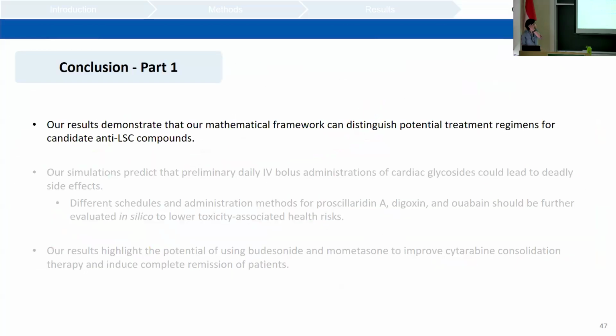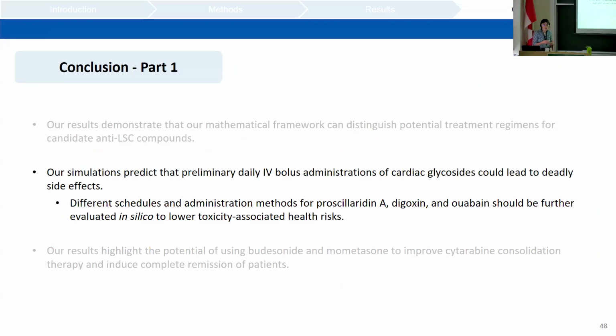So in conclusion for this project, our results demonstrate that our mathematical framework can distinguish potential treatment regimens for candidate anti-LSC compounds. Our simulation predicts that the primary daily intravenous dose that we used of cardiac glycosides could lead to deadly side effects.